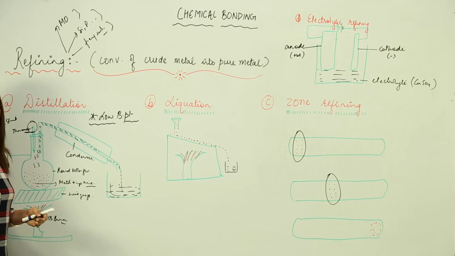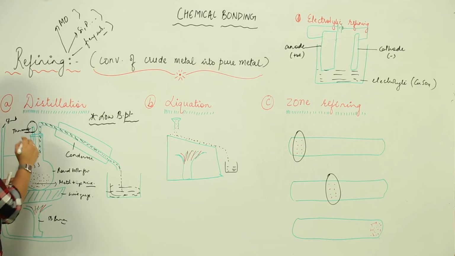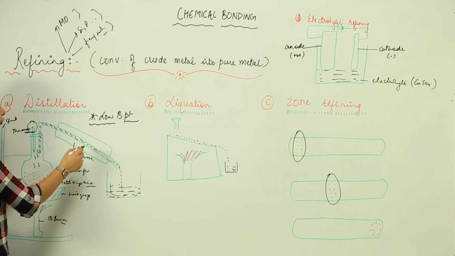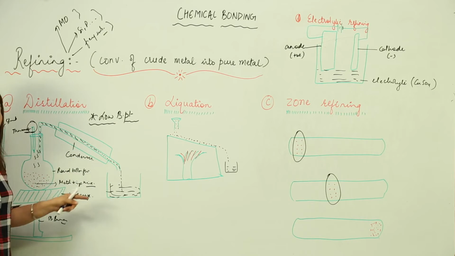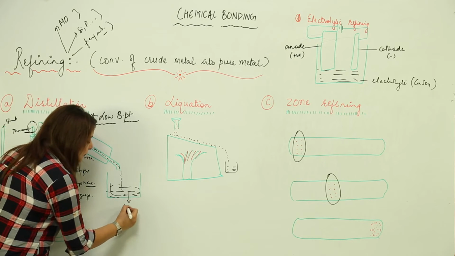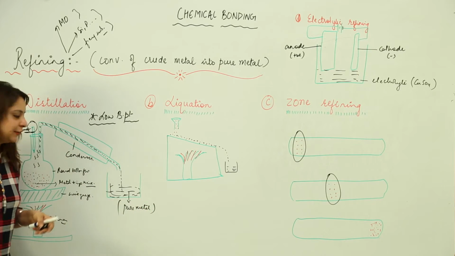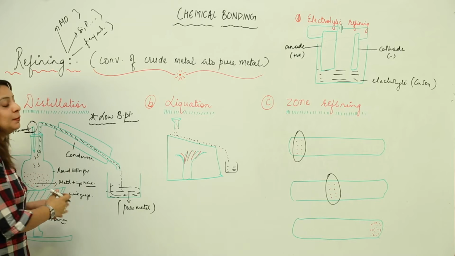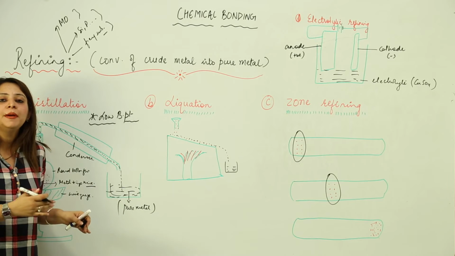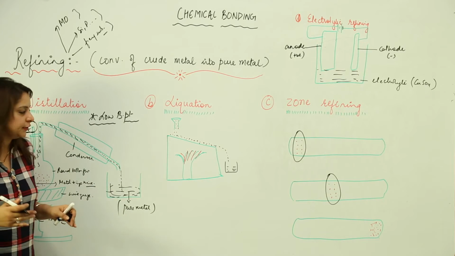We want our metal to be separated from the impurities, so we need to keep check on the temperature, so that the metal just vaporizes, passes through this tube, gets condensed and collected into a beaker. So this is my pure metal. You have to keep in mind that it is employed for the metal which has a low boiling point.